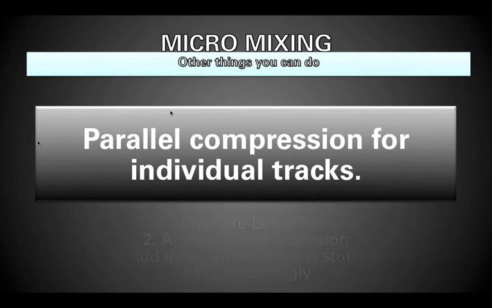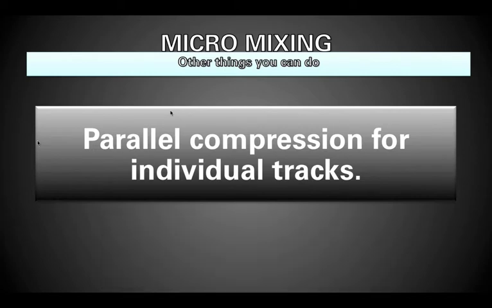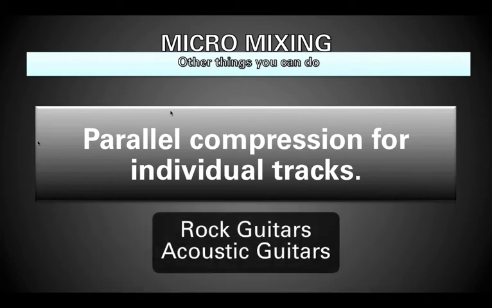But in a rock song, to add this parallel compressed vocal into your normal track by blending it in with maybe even some saturation can give you a really nice edge. Rock guitars, other guitars. So parallel compression doesn't just have to be used on submixers. You can really use individual parallel compression.